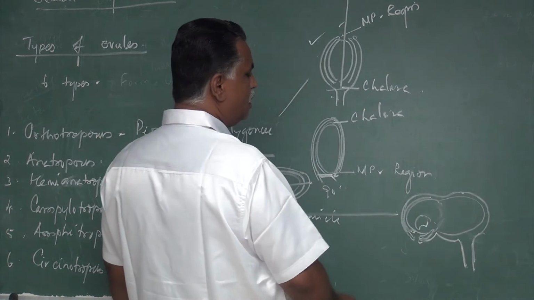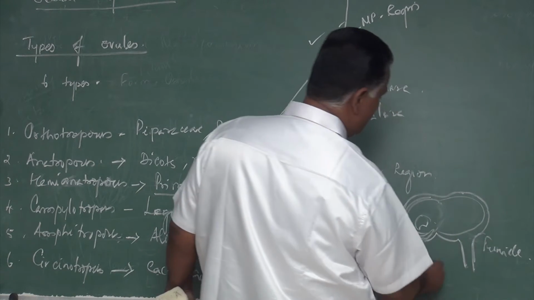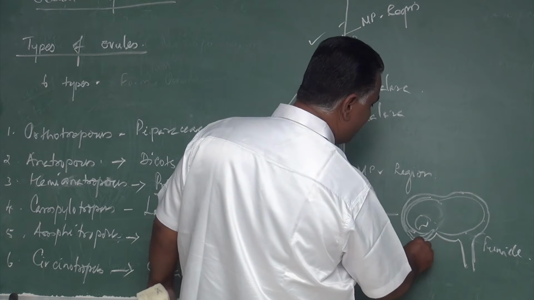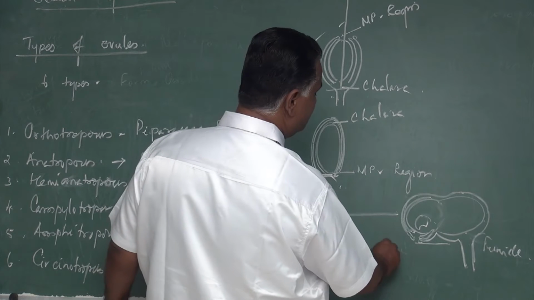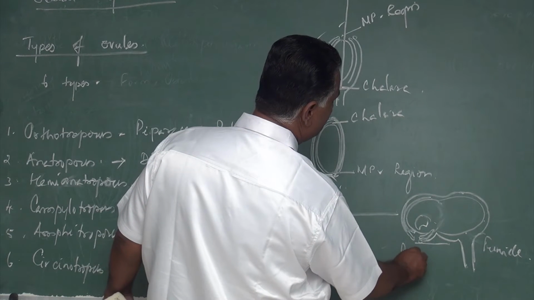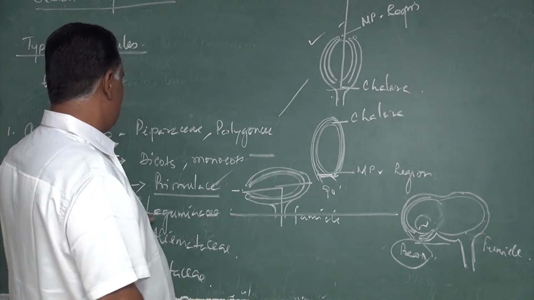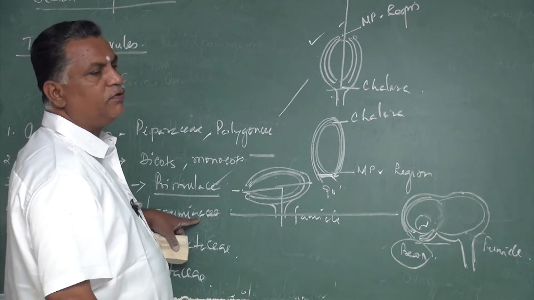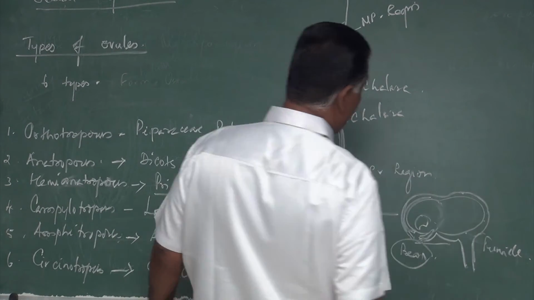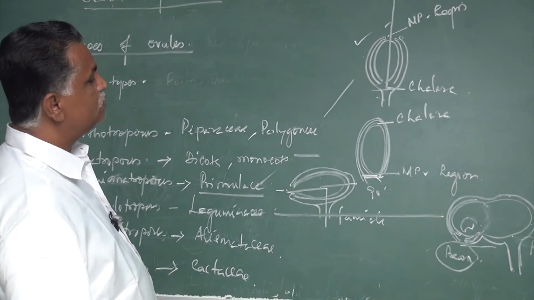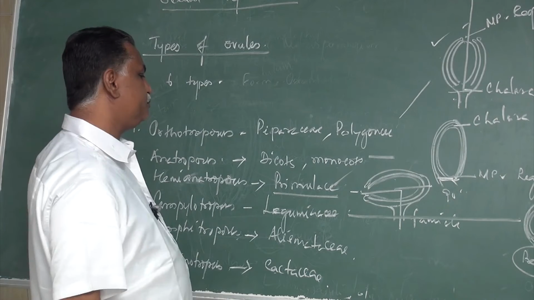The chalazal region, funicle region, and micropylar region are all close to each other. We have to remember that the ovule is bean shaped. The family Leguminaceae is known for its bean, so the ovule is also bean shaped. Based upon the shape of the ovule, the family has been named: legumes, bean family.